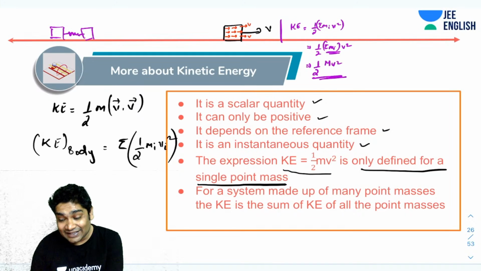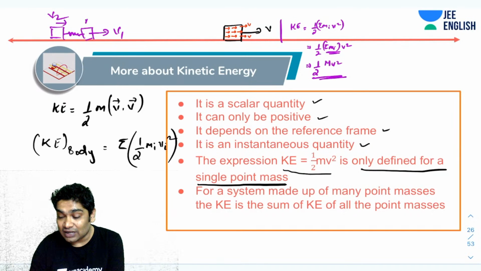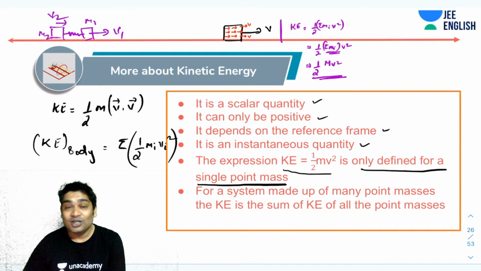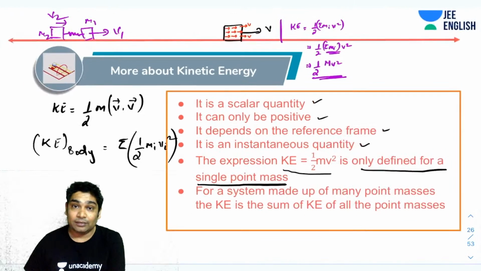Now you realize at any instant this guy can move with v1 and this guy can move with v2. Okay, so now how do you write the kinetic energy? You write it as half m1 v1 square plus half m2 v2 square, right? You do not say half m1 plus m2 some v square. Okay, so that is the definition again. So please remember that. That's an important point.